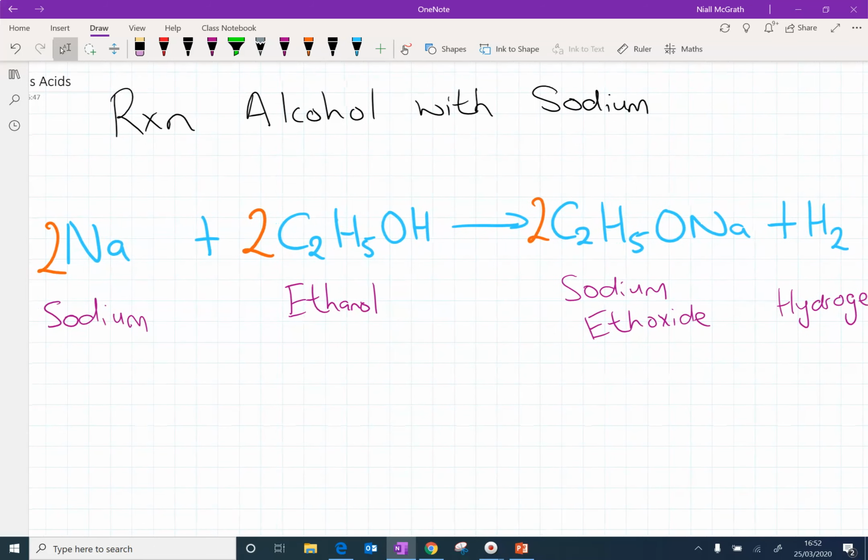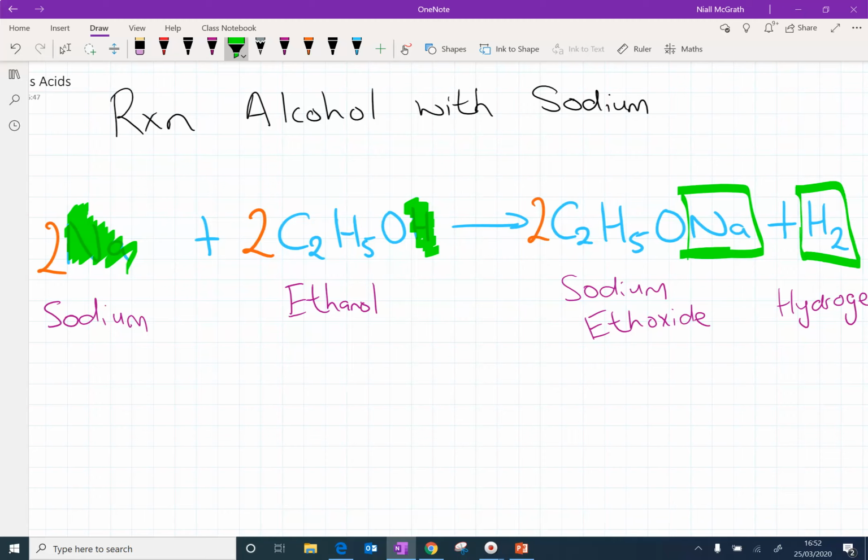Okay, so we can see it's almost similar to one of our substitution reactions, because this hydrogen here is replaced with a sodium. So where this sodium is, that is where the hydrogen was, and the two hydrogens that were over here are now separate from it.